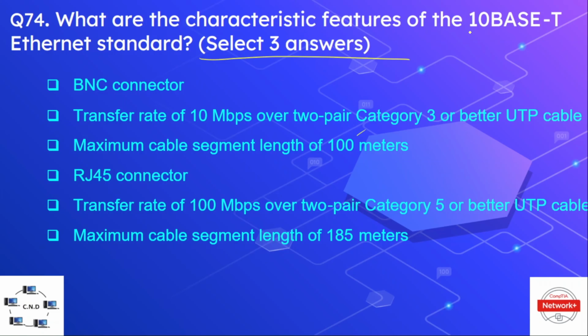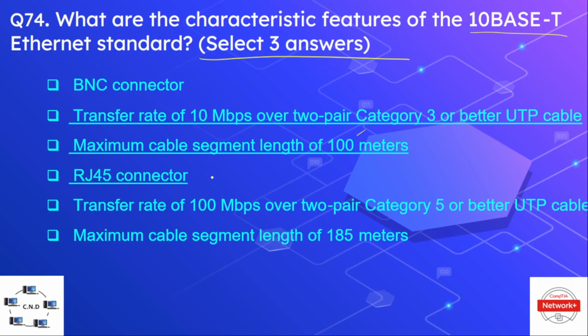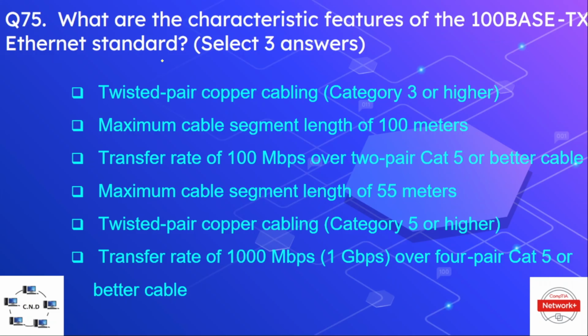So we are talking about 10 base T, and the correct options are that it has a transfer rate of 10 megabit per second or 2 pair Cat3 or better UTP cable, and that it has a maximum cable segment length of 100 meters, and that it uses the RJ45 connector.